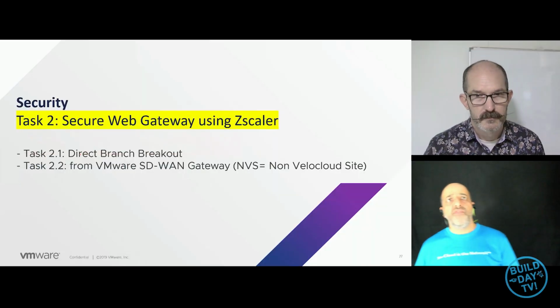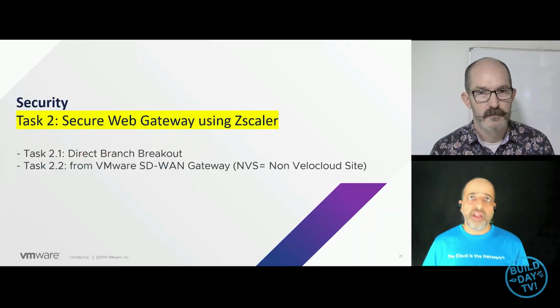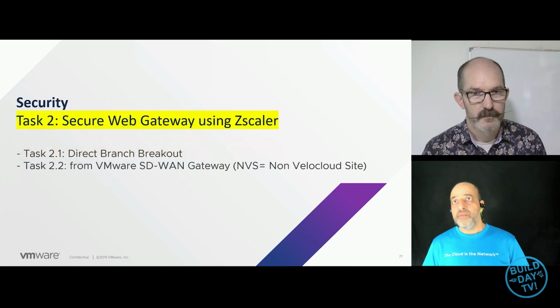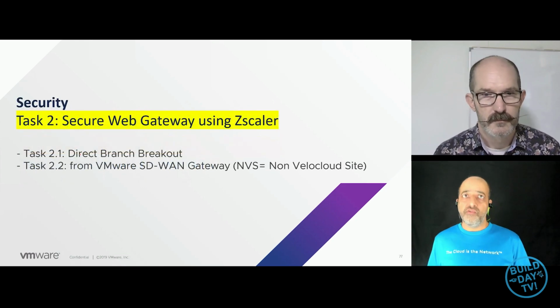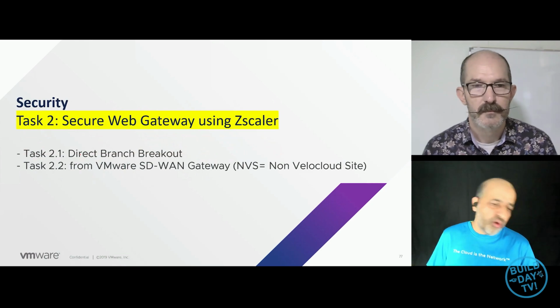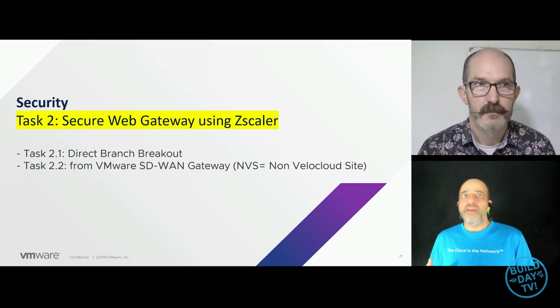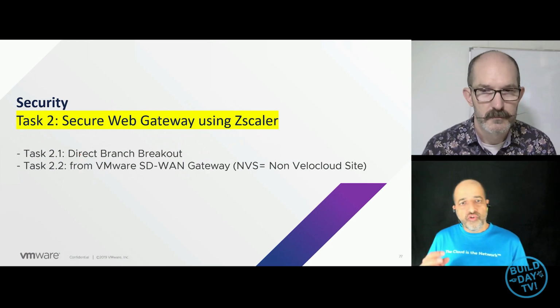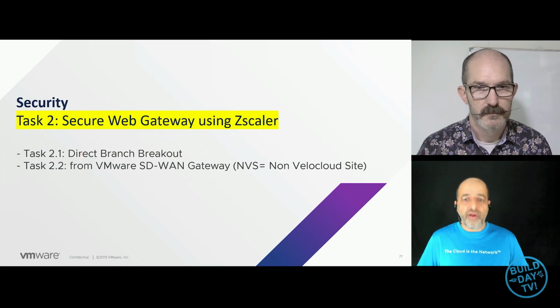And how we do it, there are 2 ways to get this cloud security services done. The customer has a choice here, because these cloud web security services include firewall, URL filtering, and other services also. So you can either do it directly from the branch.